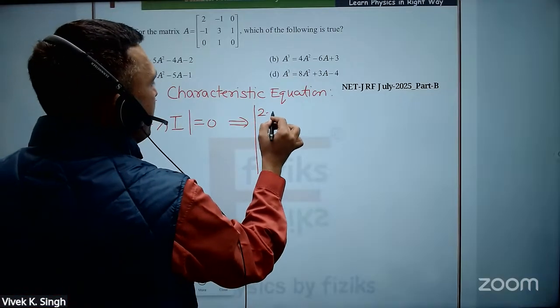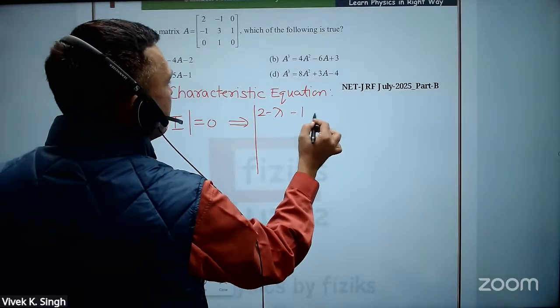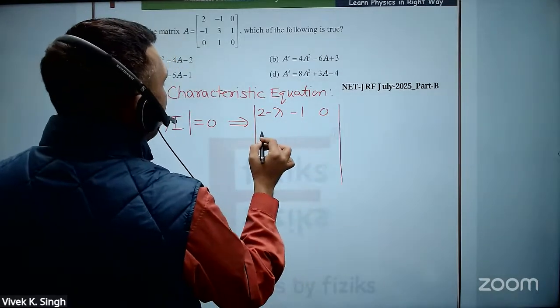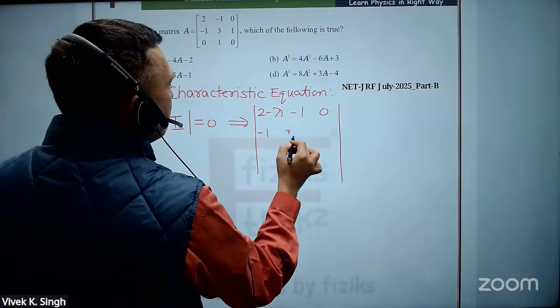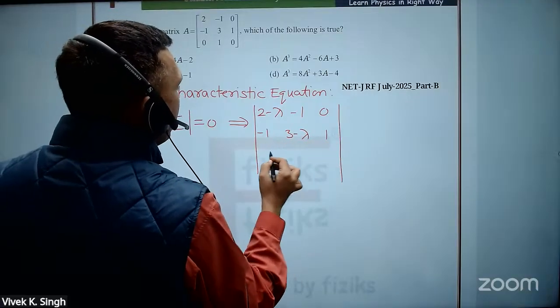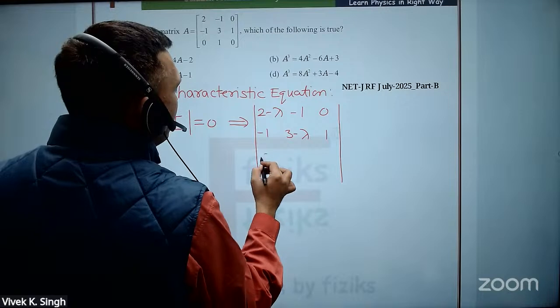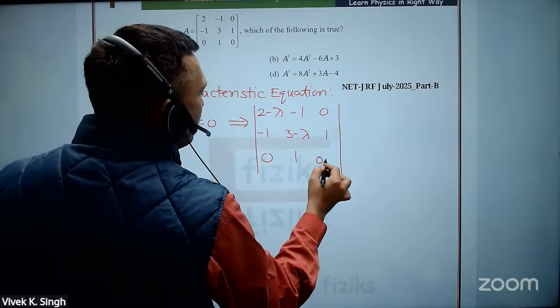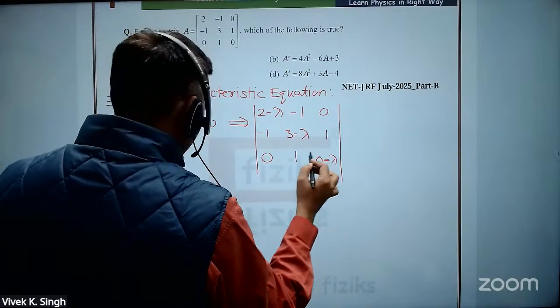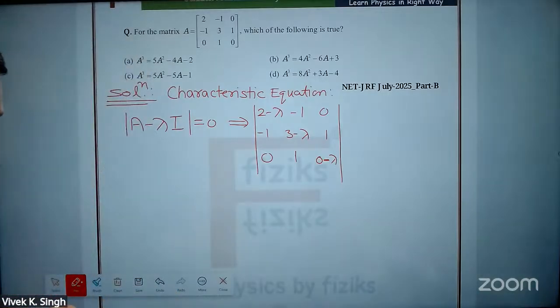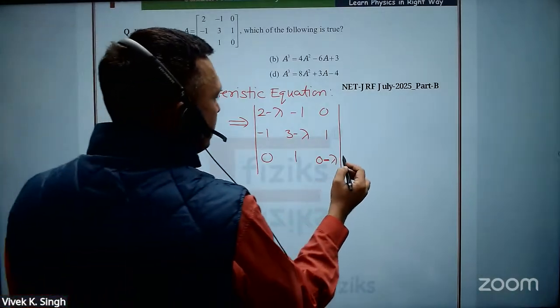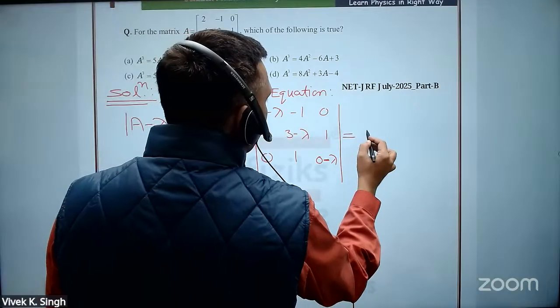So this will be 2 minus lambda, minus 1, 0, and then minus 1, 3 minus lambda, and 1, and then 0, 1, 0 minus lambda. Clear? And this should be 0.